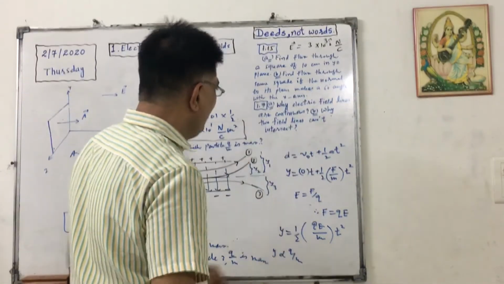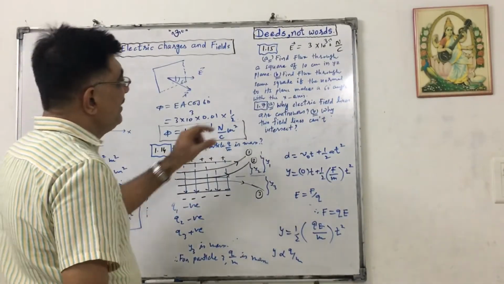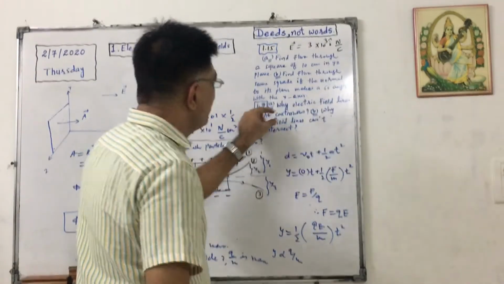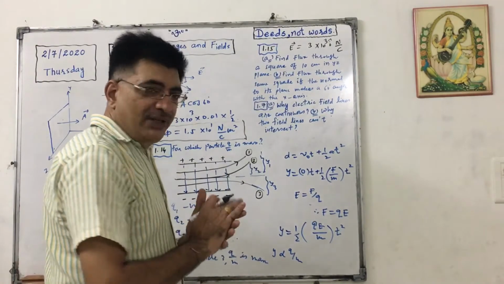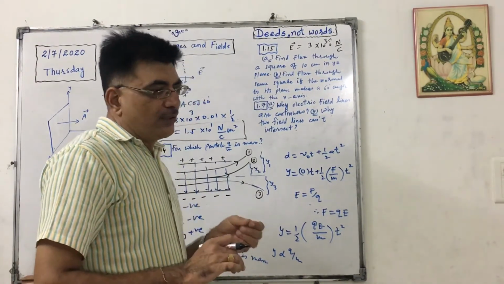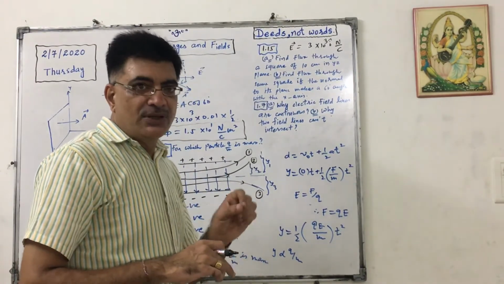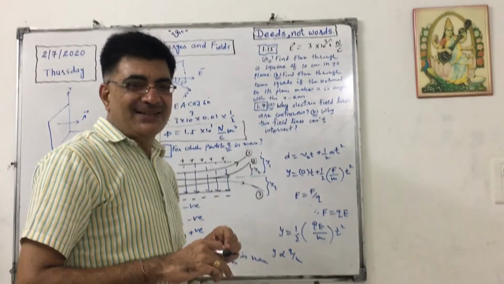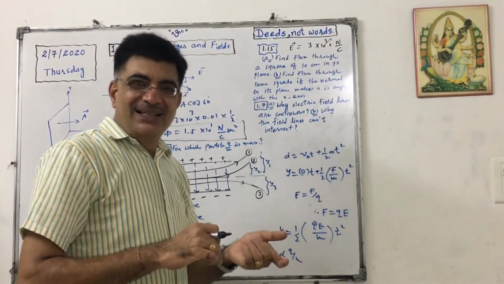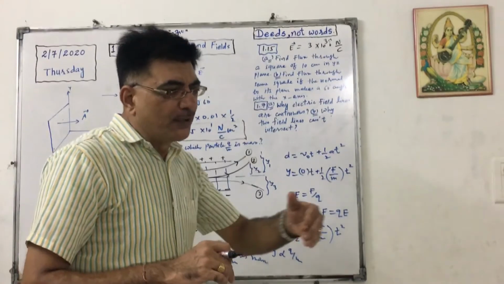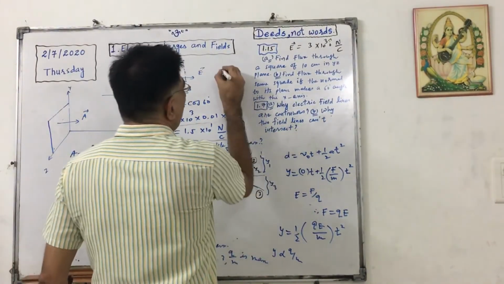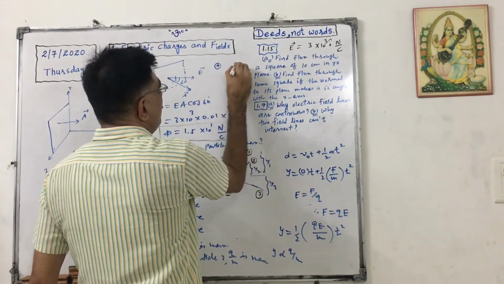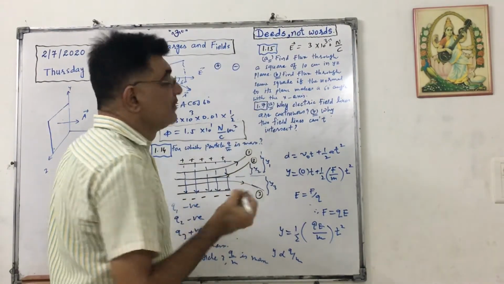1.7a. Why are electric field lines continuous? Because to find electric field lines, we have to find the electric field intensity at different points. Charge cannot jump, so it has to pass through all the points. Suppose I draw like this and want to find electric field lines somewhere.